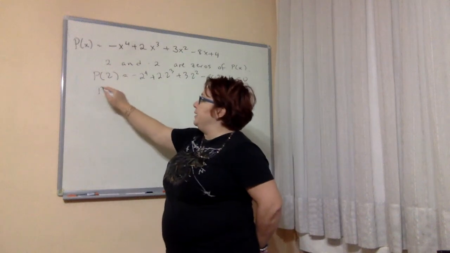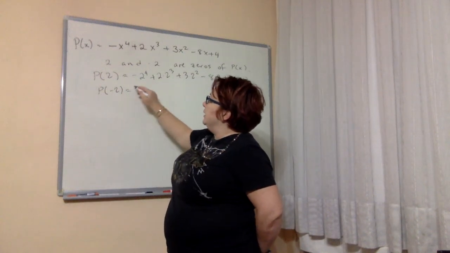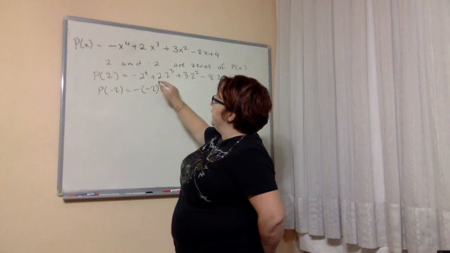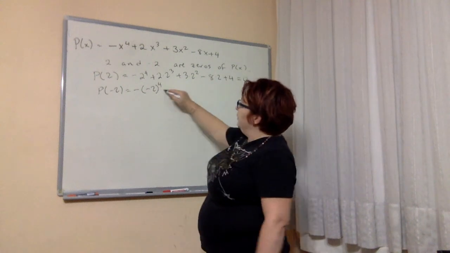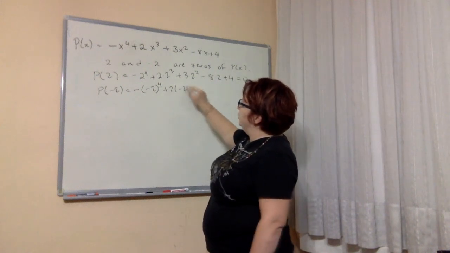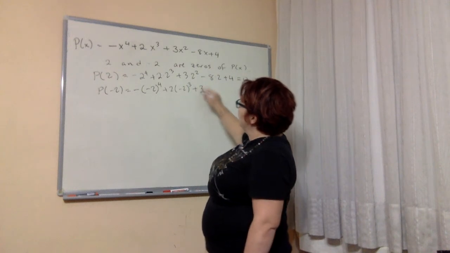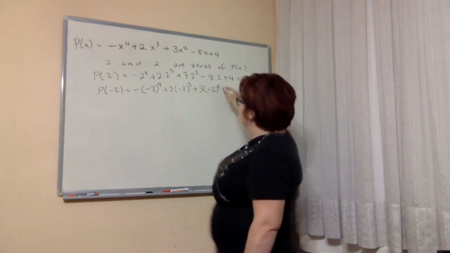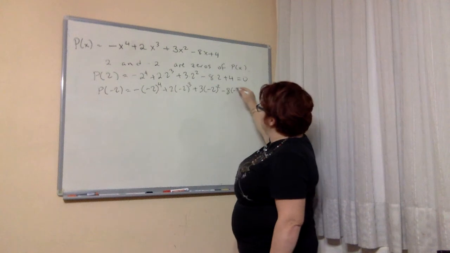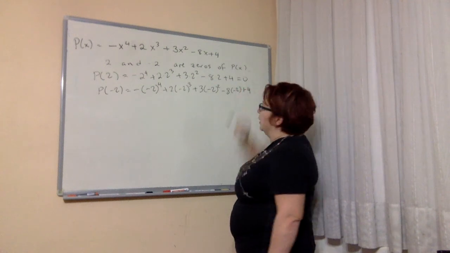And then p of minus 2 is again negative 2 to the fourth plus twice the negative 2 cubed plus 3 times the negative 2 squared minus 8 times negative 2 plus 4.